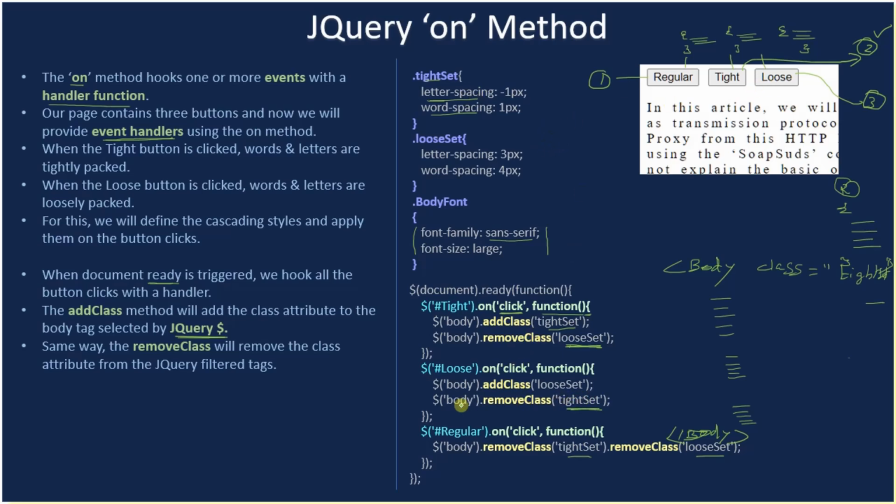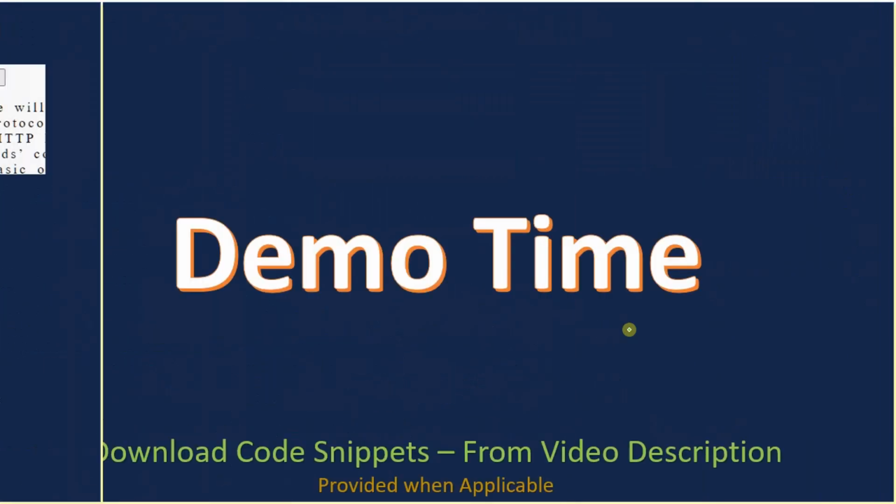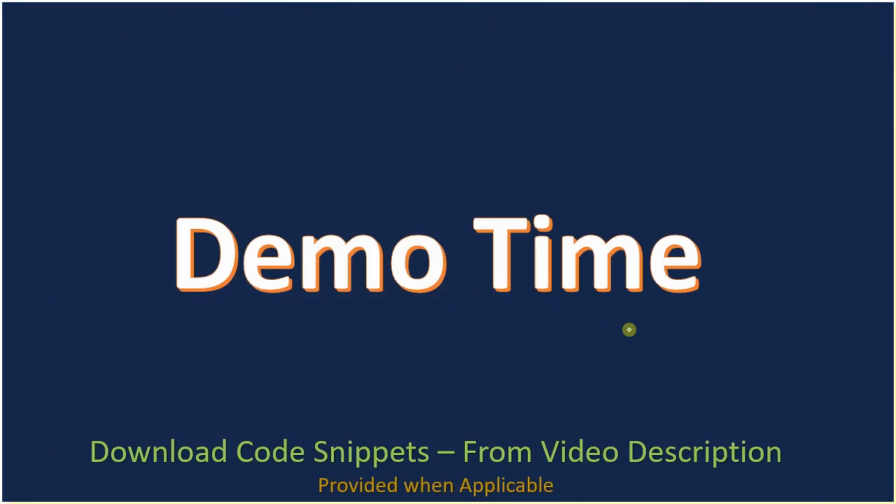It would be a good idea to remove tightSet first, then add looseSet next, but anyhow this will work, and since browsers are quick, you won't see much difference. Alright, now let's go to the demo.